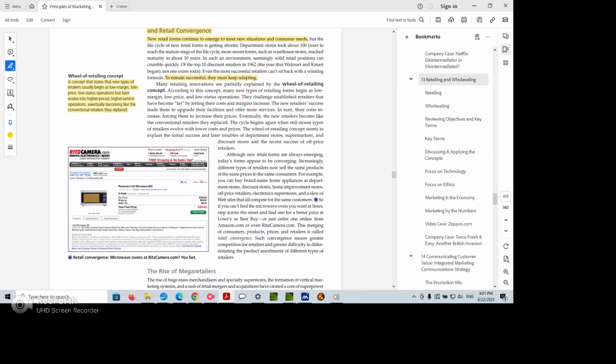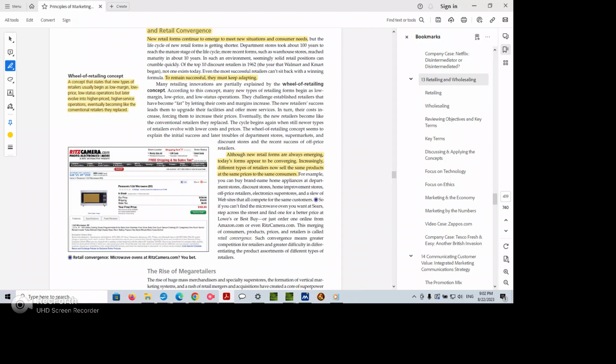Now, although new retail forms are always emerging, today's forms appear to be converging. Increasingly, different types of retailers now sell the same types of products at the same prices to the same consumers. For example, you can buy brand name home appliances at department stores, discount stores, and home improvement stores. Off-price retailers, electronic superstores, and a slew of websites all compete for the same customer.